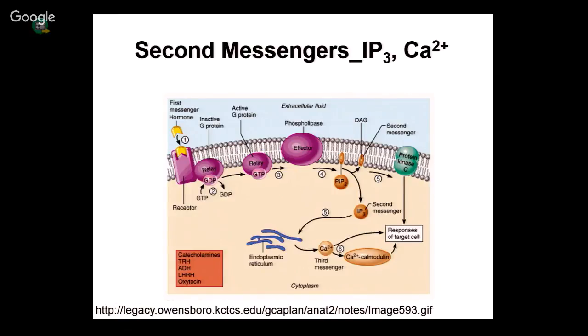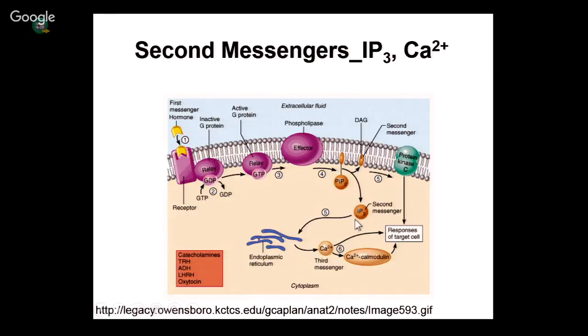The precursor for IP3 is phosphatidylinositol 4,5-bisphosphate, actually PIP2. Once this PIP2 gets cut by phospholipase, it produces two molecules. One is IP3, the other one is DAG, which still resides on the membrane.